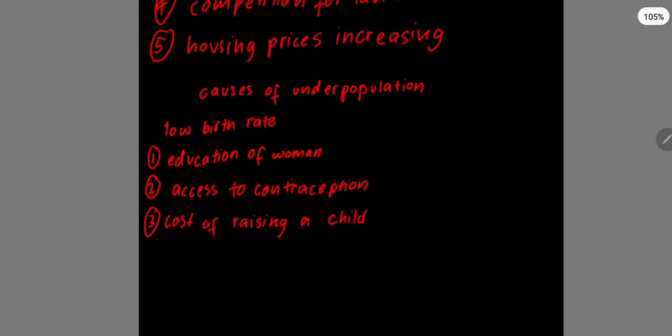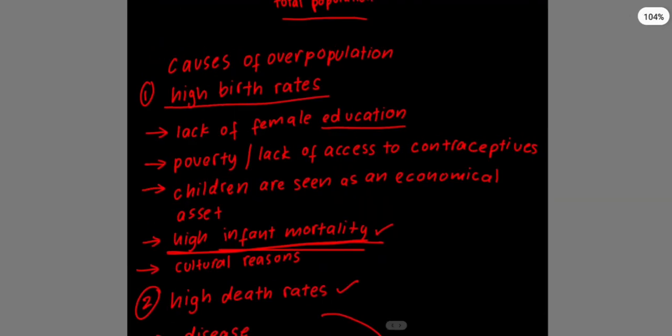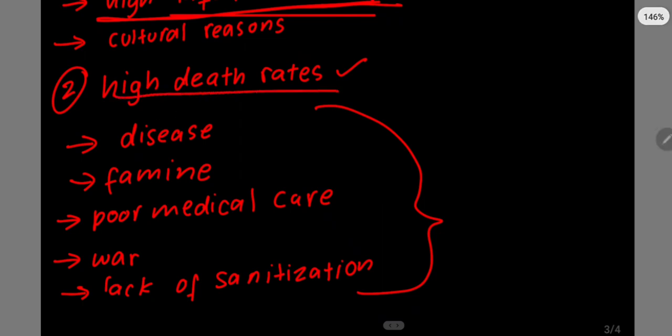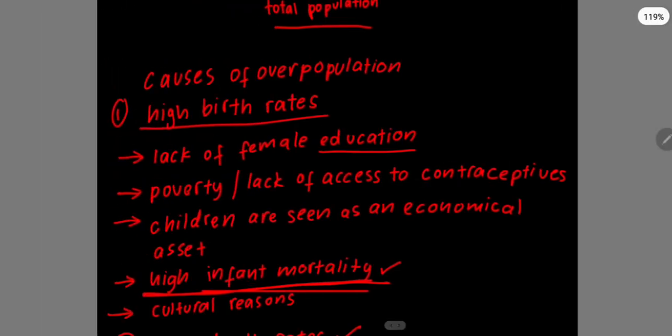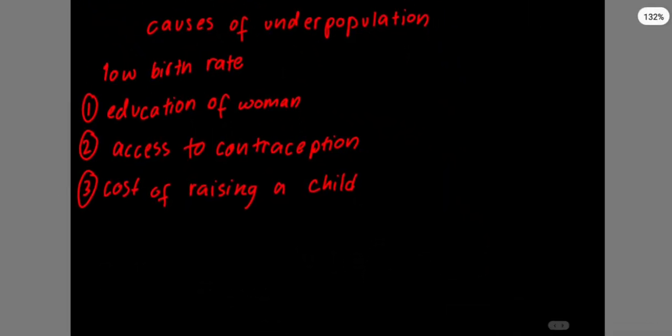And as I said earlier, we already talked about what causes high death rates, so you need to know this as well. So, consequences of underpopulation.